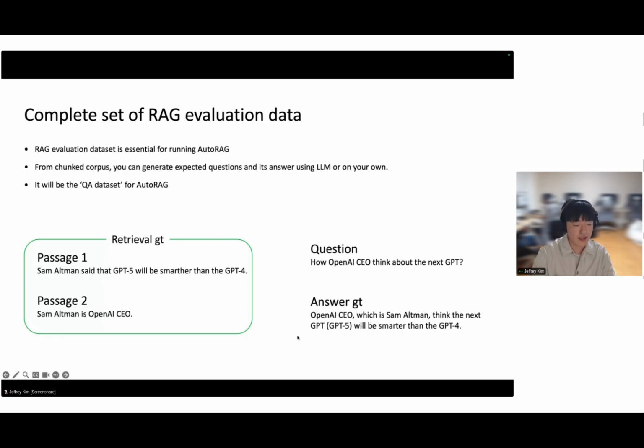It makes sense, right? So this retrieval ground truth, query and answer ground truth will be the basic set for the RAG evaluation data. So for evaluating our RAG, you have to make these three kinds of things.